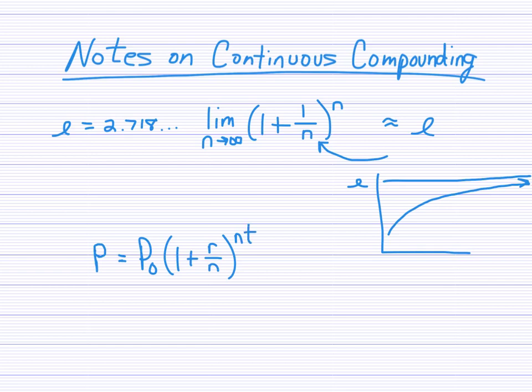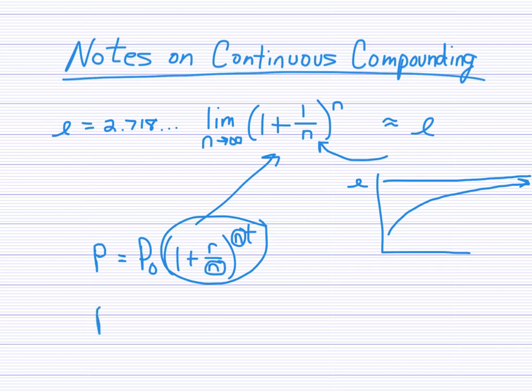It kind of looks like this guy up here. So what if that n value approached infinity? The number of compounding periods was more than 365 daily, was more than hourly, was more than minutely, was an infinite number of times. Then all of this is going to boil down into the number E.